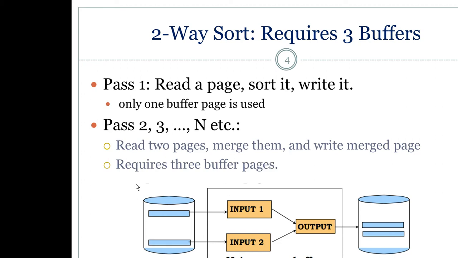Consider a disk, the hard disk, secondary memory. Data to be sorted, according to the size of RAM, will be loaded onto the input buffer in main memory. In two-way merge sorting we require 3 buffers, 2 input buffers and 1 output buffer.